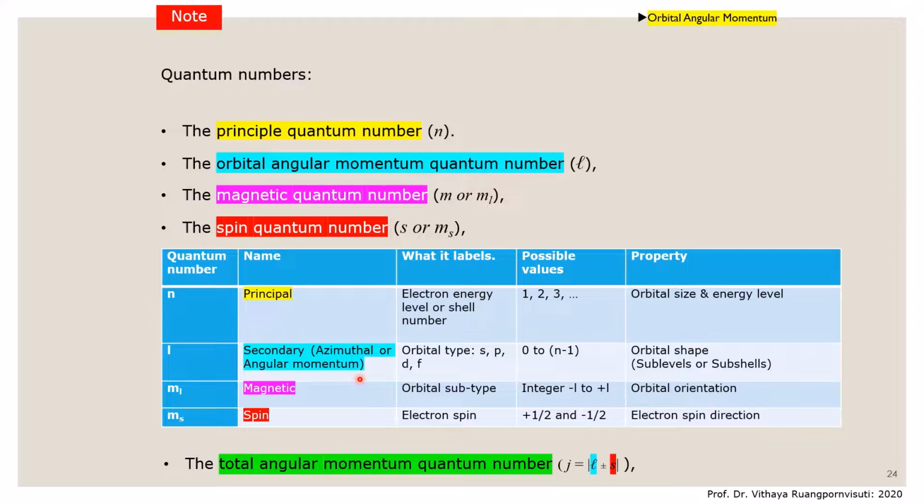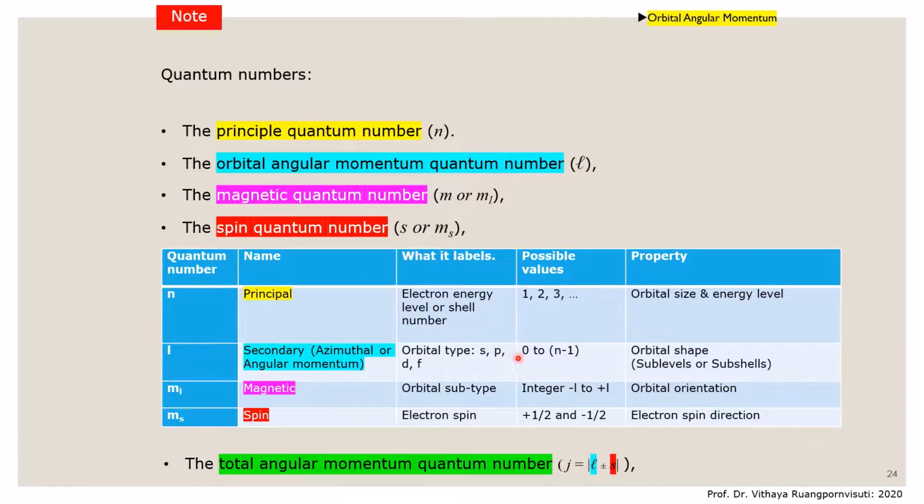For the principal quantum number, it labels the electron energy level or shell number. Therefore, its possible value is the integer 1, 2, 3, 4, 5. Its property is the orbital size and energy level.